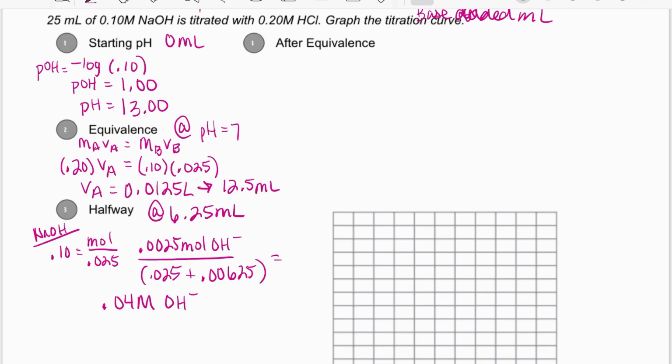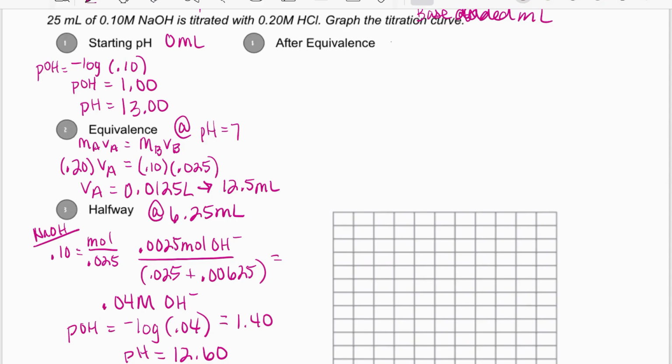So since this is hydroxide, I'm going to find the pOH by doing the negative log of 0.04. And I'm going to get a pOH of 1.40, which means my pH is 12.60.